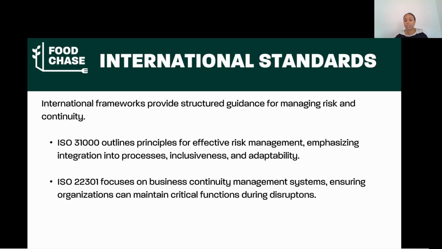So if your organization is looking to formalize its risk management approach, this is the benchmark. The other one is the ISO 22301, which focuses on business continuity management systems, ensuring that organizations can maintain critical functions during disruptions. So these 2 standards offer a robust framework for both preventing disruptions and surviving them.